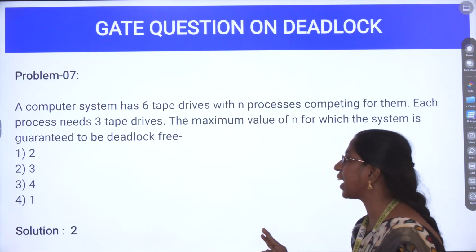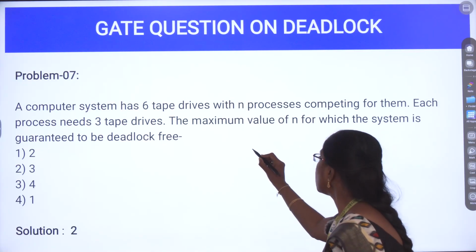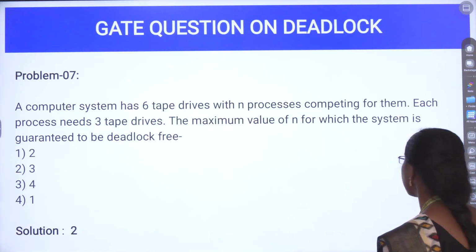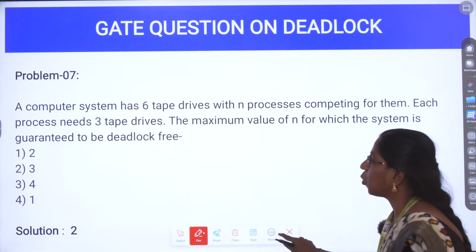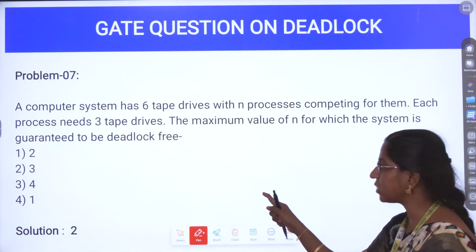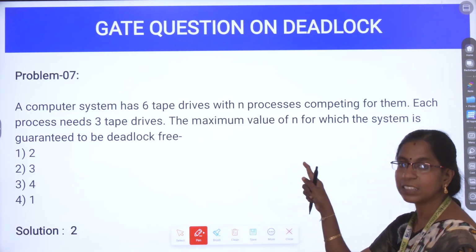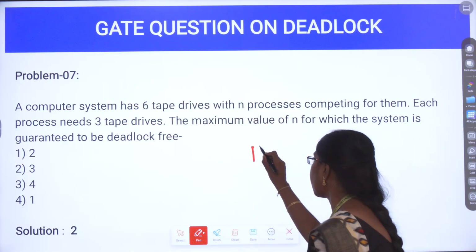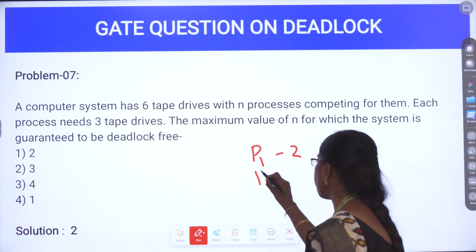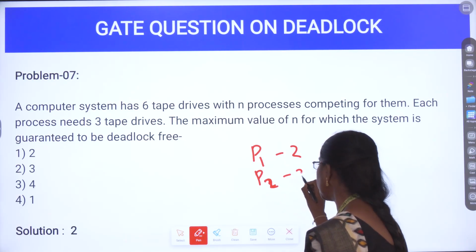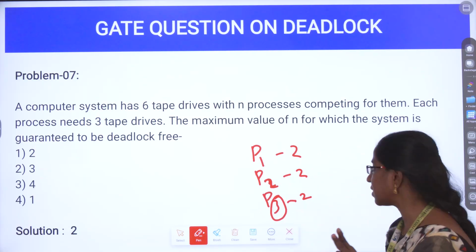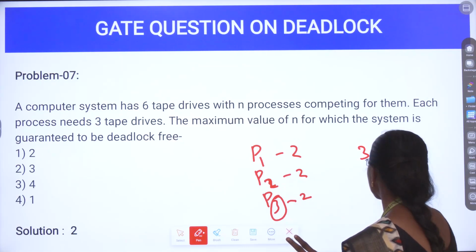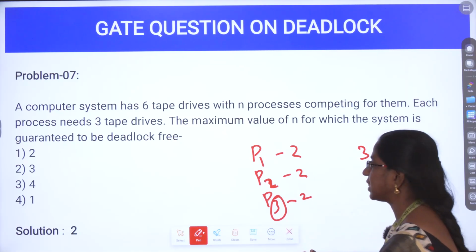The next: a system has 6 tape drives with n processes competing for them. Each process needs 3 tapes. So P1 occupies 2, P2, 2, P3, 2. That is 6 tapes, and we are using 3 processes. So 3 minus 1 is equal to 2, 2 is the answer.